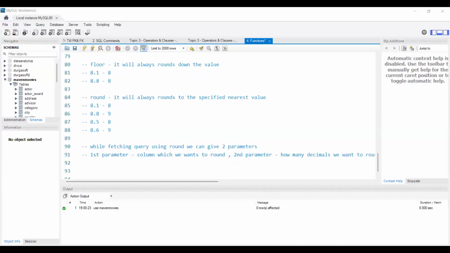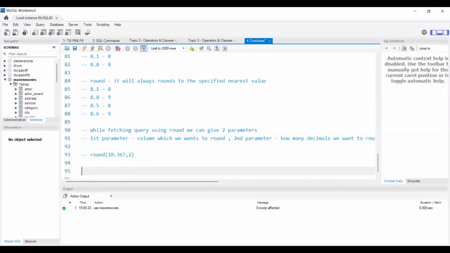For example, if I'm writing round of any number, 10.367, and I give the number 2. Whenever we use the round function, we can use two parameters here.